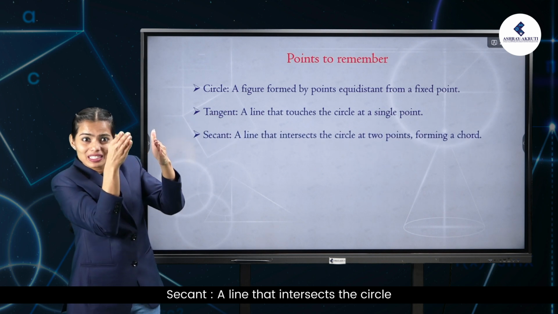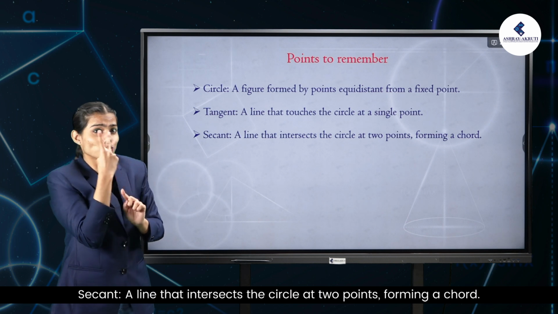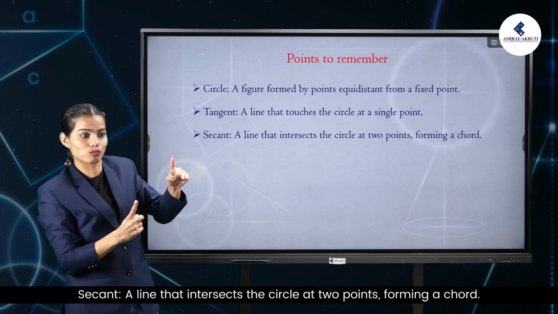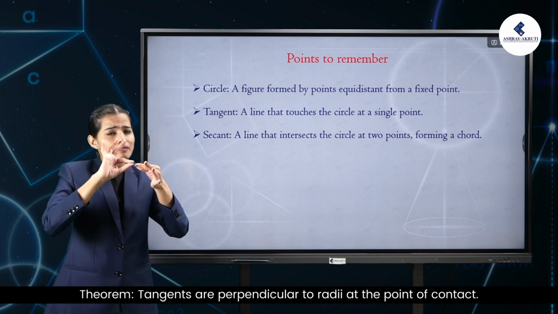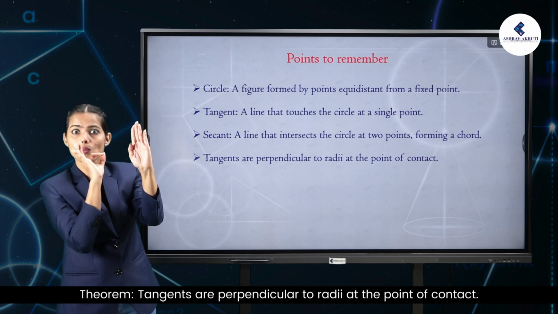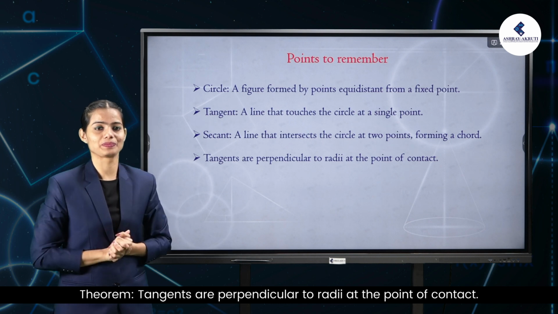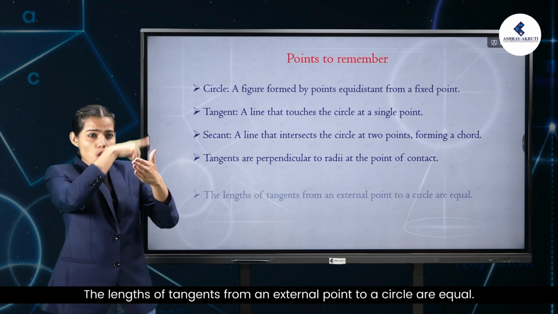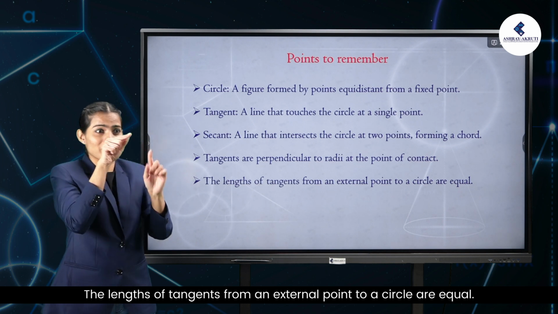A line that intersects the circle at 2 points, forming a chord. Theorem. Tangents are perpendicular to radii at the point of contact. The lengths of tangents from an external point to a circle are equal.